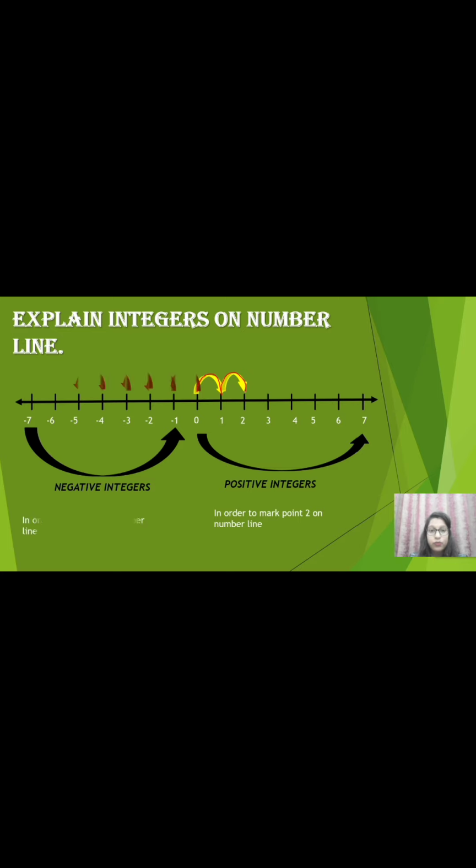Similarly, if I have to mark -5 on a number line, I have to move 5 points to the left of 0, that is second, third, fourth and fifth. So from the 0, I have to go towards the left side to mark -5. In this way we can show the numbers on number line.